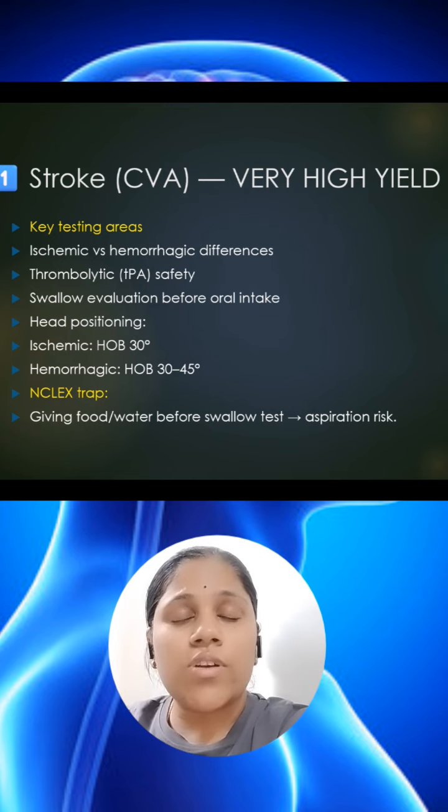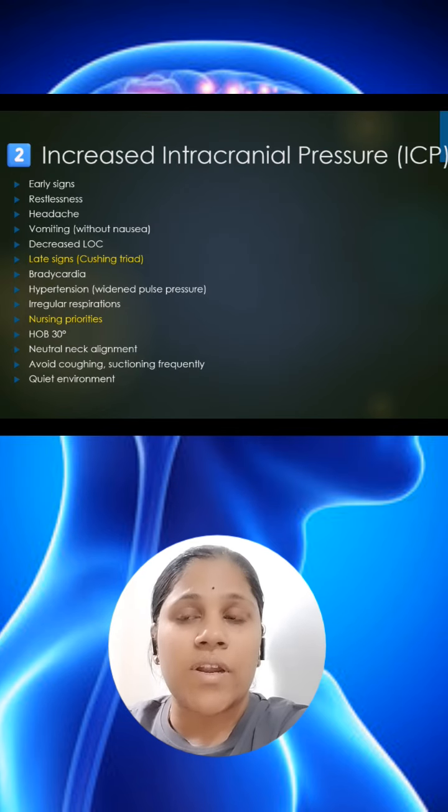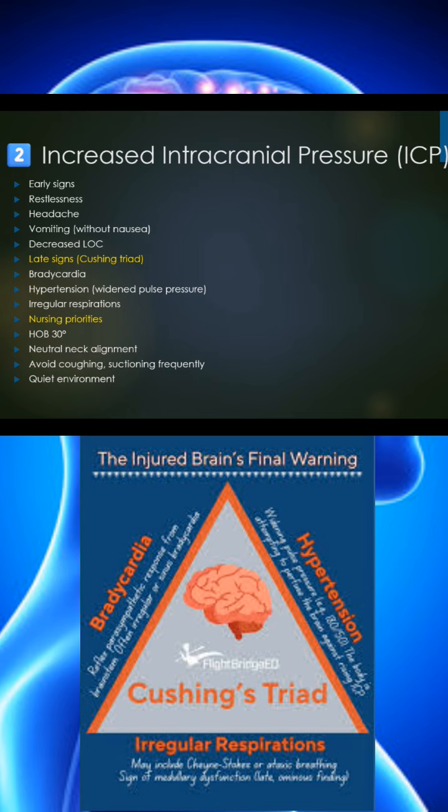The next important topic we are going to discuss is increased intracranial pressure. Here the early signs are restlessness, headache, vomiting without nausea, and decreased level of consciousness. And the late signs are the Cushing triad. In Cushing triad we are going to see bradycardia, hypertension, that is widened pulse pressure, and irregular respirations.